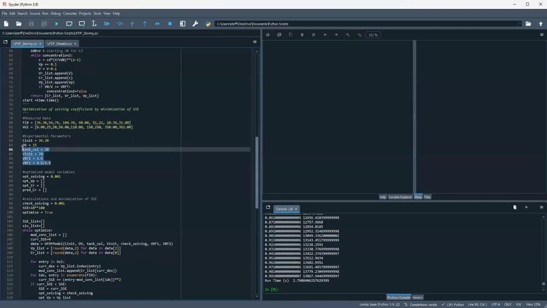The last thing you'll want to change here in this script is the starting concentration, C init.